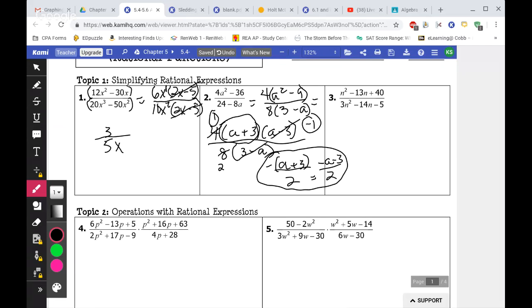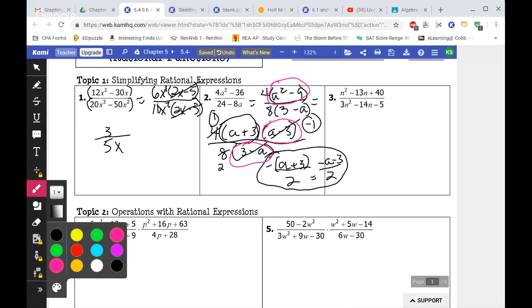Some teachers want you to work it completely out, but I'm happy with leaving it in factored form just because it shows me that you know that this weird thing right here, this and this, factor to be negative 1. And that's a really important thing to remember, just like remembering that this is the difference of two squares. But just as a point of clarification with her tomorrow, I would ask.